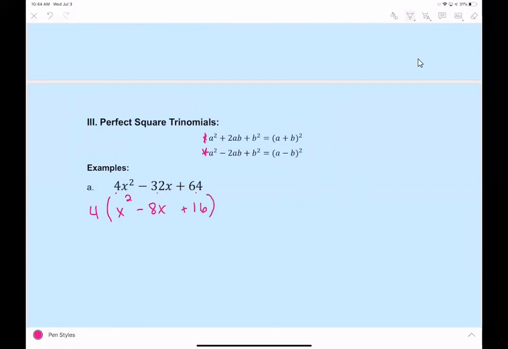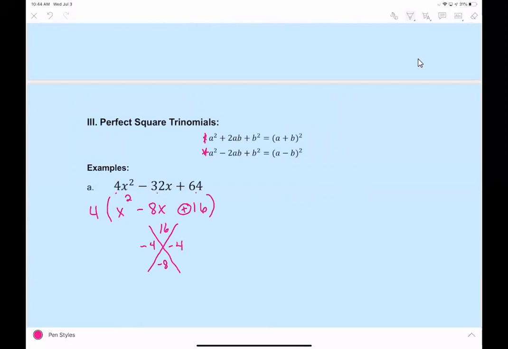So now what we can do is, using the diamond method or slip and slide, we can put 16 in the top, we can put a negative 8 in the bottom, and what we're looking for are two numbers that will multiply to get a positive 16 and that will add to get us a negative 8. Well, in order to add numbers, we have to have the same sign. 4 and 4 gives me 16, but to get a negative 8, I need both of my 4's to be a negative 4.